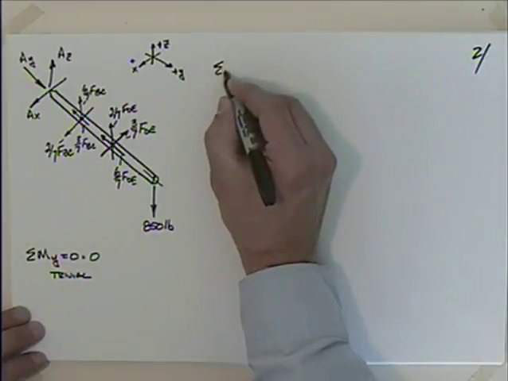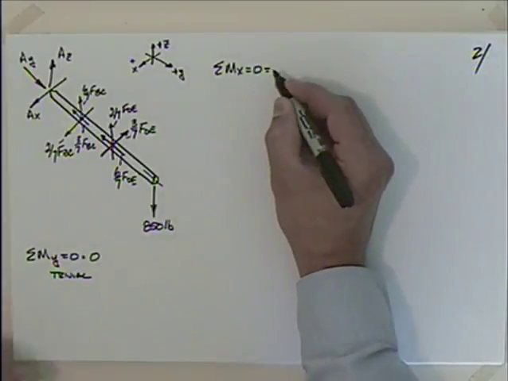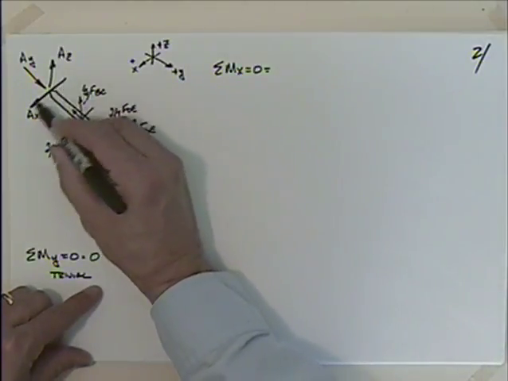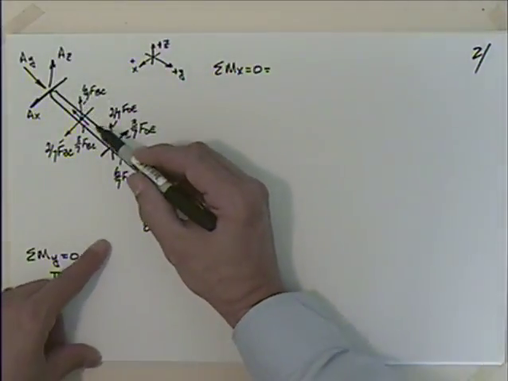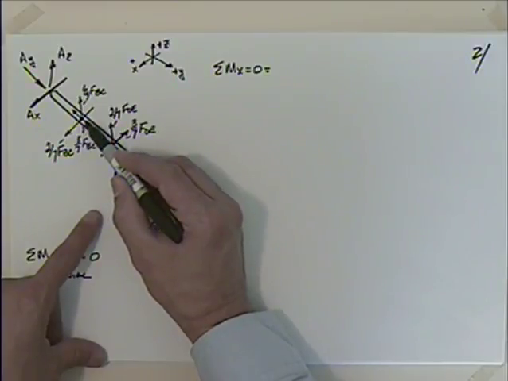So if I then sum the moment about the x-axis, setting that equal to 0, what am I going to have? That's this axis here, right? So that goes down the axis. Those intersect the axis. What's going to cause a moment about the x-axis? This is not, that's not.